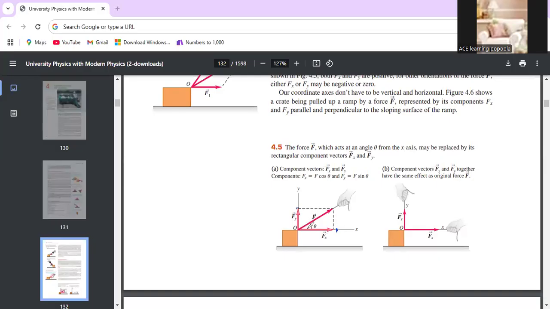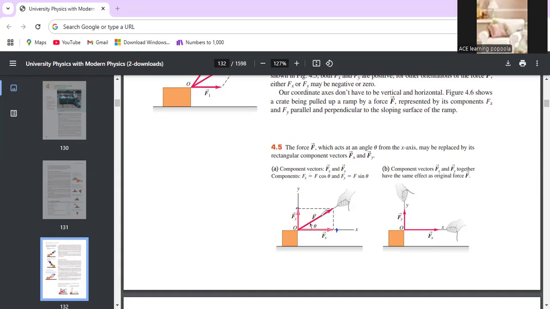So these are the components of the single vector. If we found the vector sum of these two vectors, Fy and Fx, then we'll get F. Okay, so component vectors Fx and Fy.